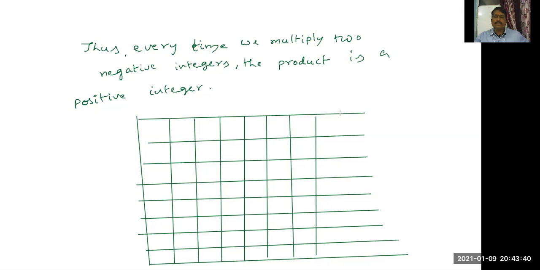So one minute now. I'm going to take blue color. So here I am writing 3, 2, 1, 0, minus 1, minus 2, minus 3.